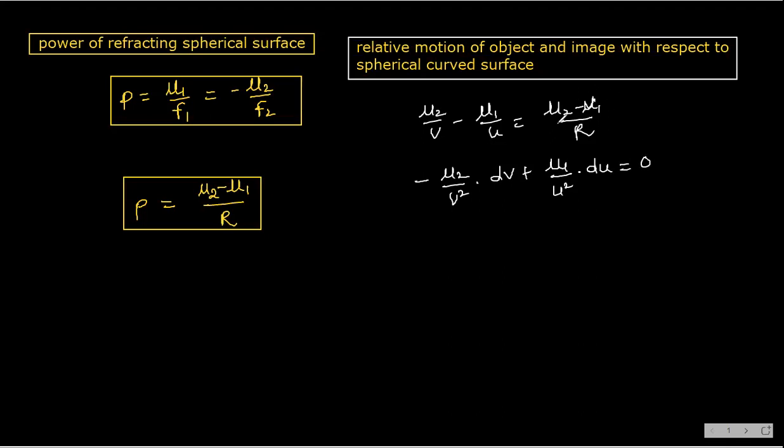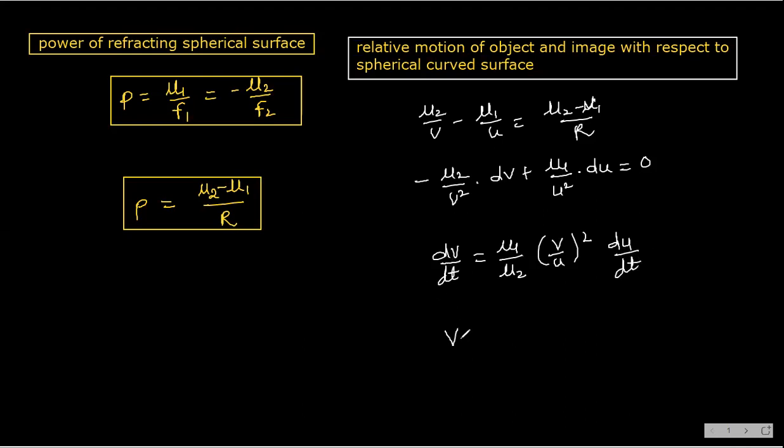Why? Because this is constant. Now we differentiate with respect to time. Directly I am writing now, dV by dt is equal to mu1 by mu2 into V by U whole square into dU by dt.